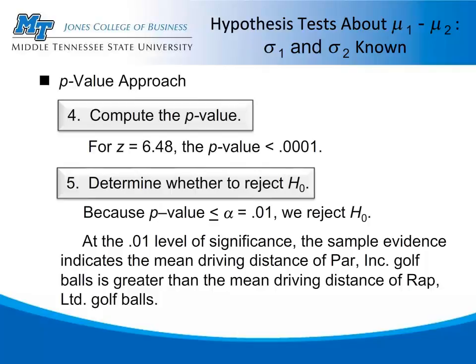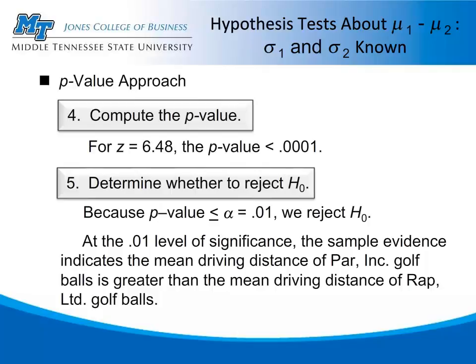Really small number. Now 6.48 is further to the right than 4.09. So the probability to the right of 6.48 is going to be even less than the probability to the right of 4.09.